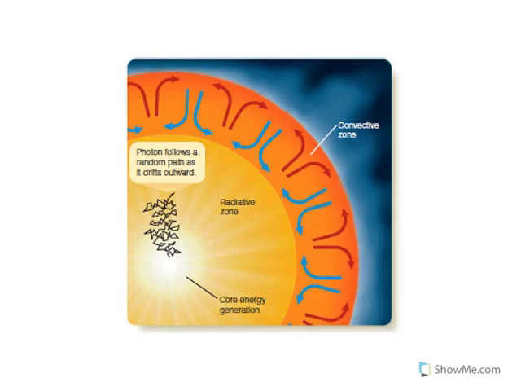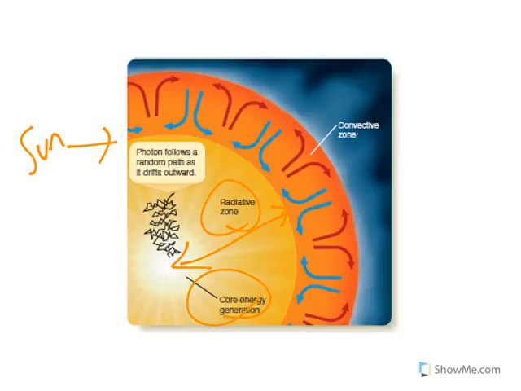Of the 3 modes of energy transport, only 2 are inside the sun. Here we have a cutaway of the sun. Energy is being generated in the interior of the sun, in the core, and the energy is being transported outward by photons that follow a random path as an outward drift. It transports through this zone called the radiative zone.